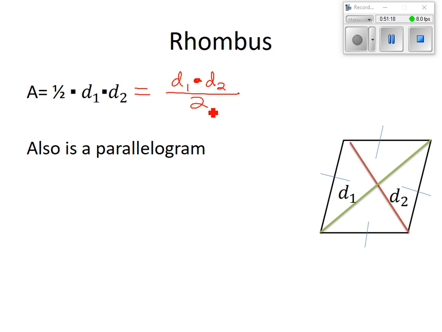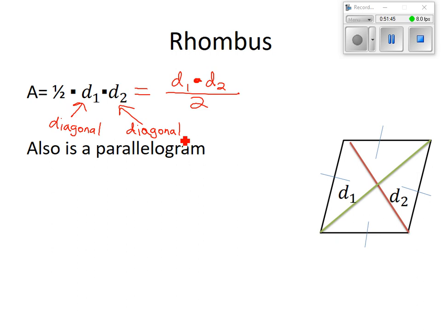It's a little easier sometimes to plug into your calculators. So to find the area of a rhombus, D1 and D2 are the two diagonals. That's a diagonal. That's a diagonal. That's one way to find the area of a rhombus.